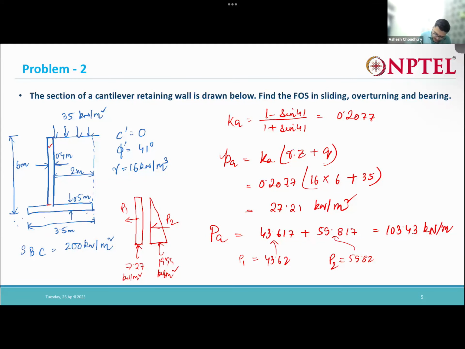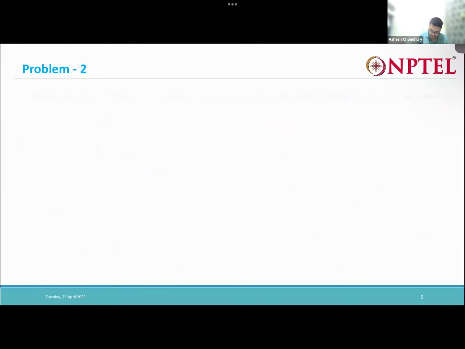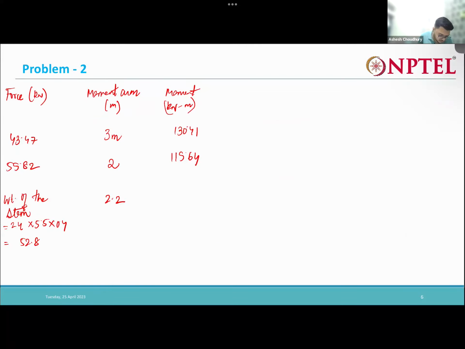Okay. So from this point actually I'm measuring. Correct. So take that to 6.